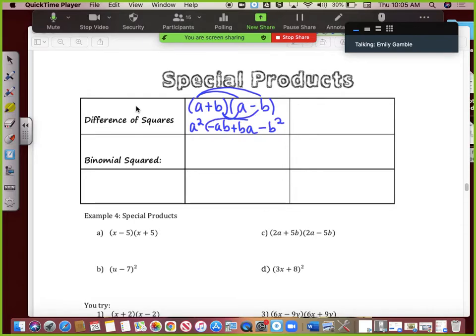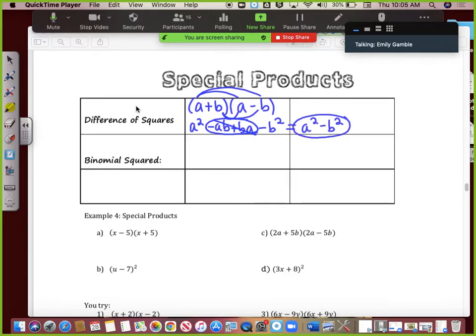Negative ab plus ba, because of the commutative property, you could switch that around to say ab. So the negative ab and the positive ab cancel out, and this whole thing ends up equaling a squared minus b squared.